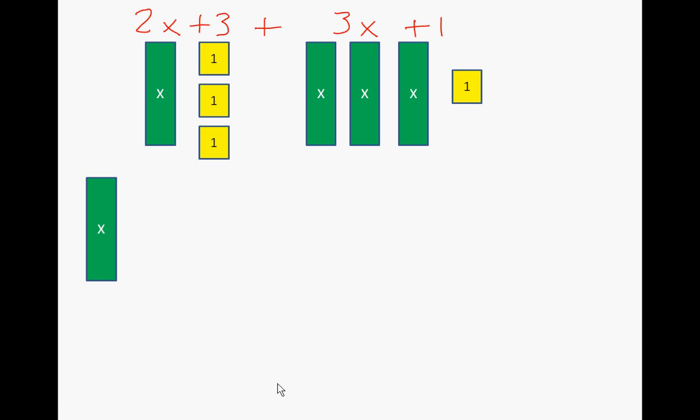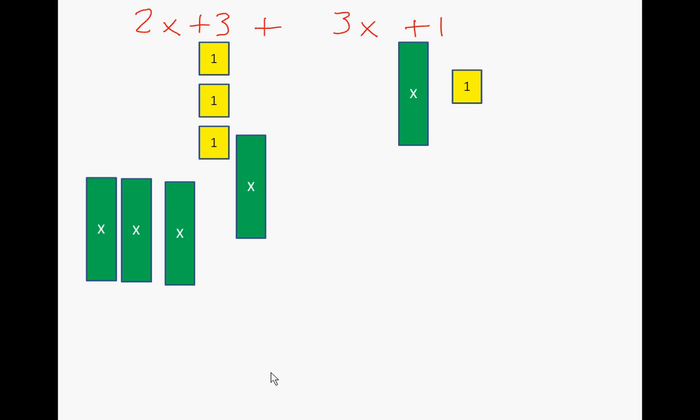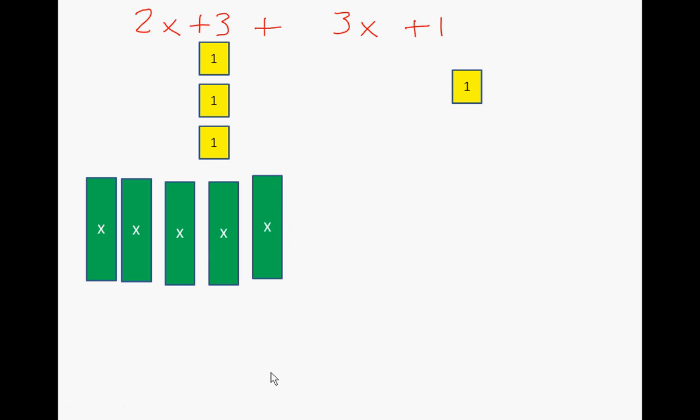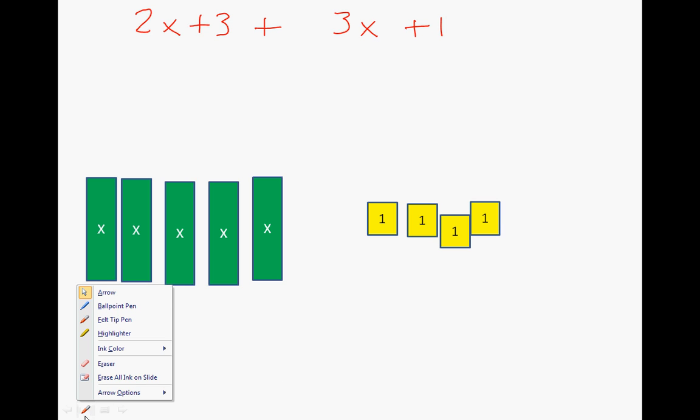So now I can use the commutative property, and I can put all my x's together. And I can also group the 1's. So now what I have down here is I can add up all these x's, so that would be 1, 2, 3, 4, 5.